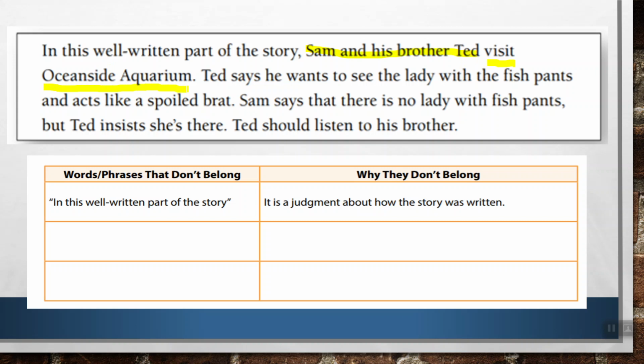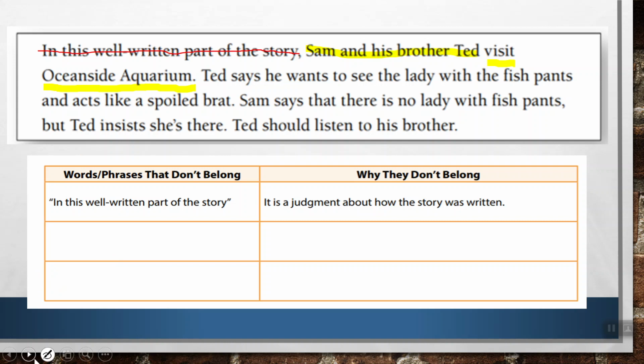That's an important event. Now let's come back to this part. In this well-written part of the story, that's not an important event. In fact, that is somebody's opinion. Maybe you thought it wasn't well written. That should not be included in the summary.